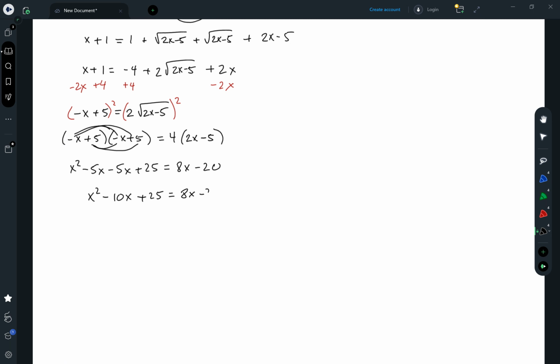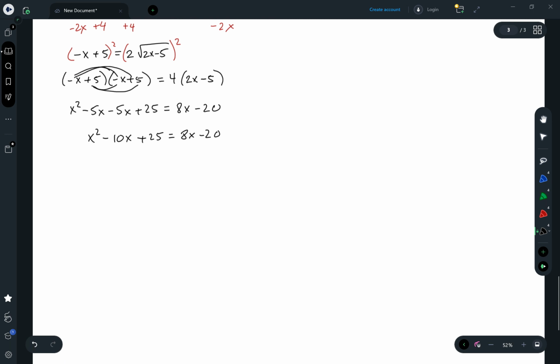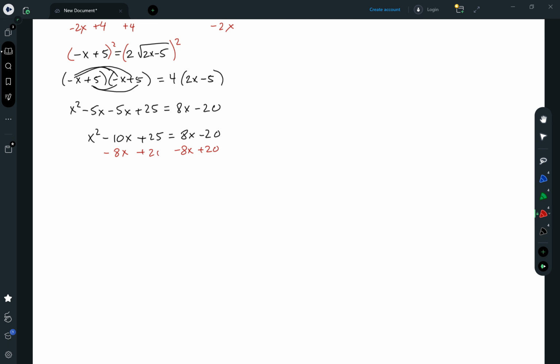And now, similar to the previous equation, I have a quadratic equation. So I need to get this equal to 0 while keeping the x squared positive to make it easier to solve. So I will subtract 8x from both sides and add 20, giving me x squared minus 18x plus 45 equals 0.